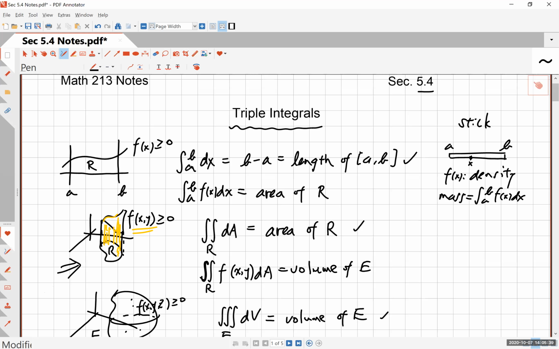Integral is the continuous version of addition, right? So you are basically adding all of these values. f of x is defined at every point x between a and b. And if you continuously add, which is the integration, then you get the total mass of this object, right? Okay, so what happens if you have a part or a subset of the plane? We will use the word lamina. Lamina is sort of like a sheet of paper or a metal sheet or a sheet of something that's made of something, okay?